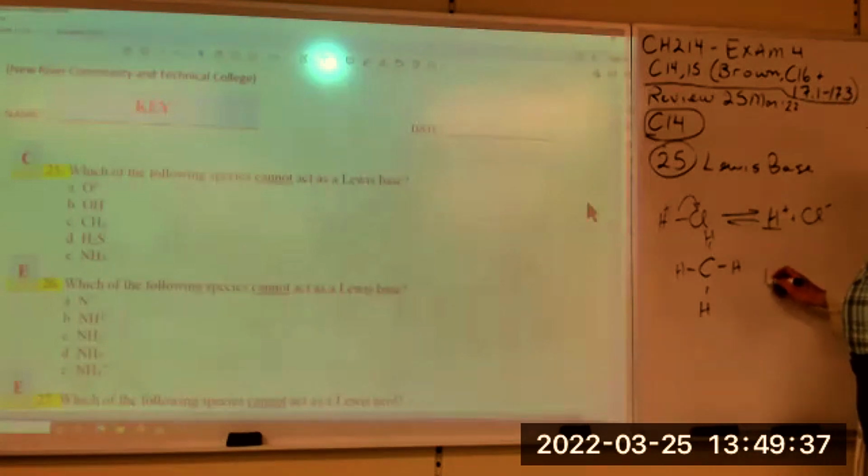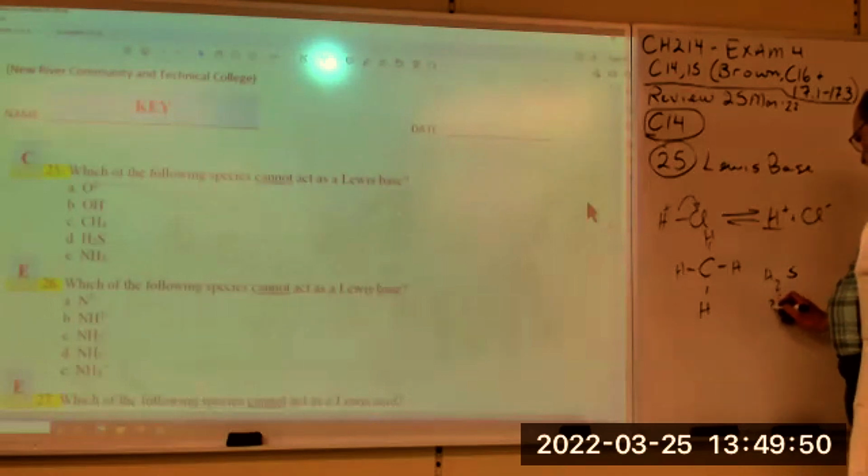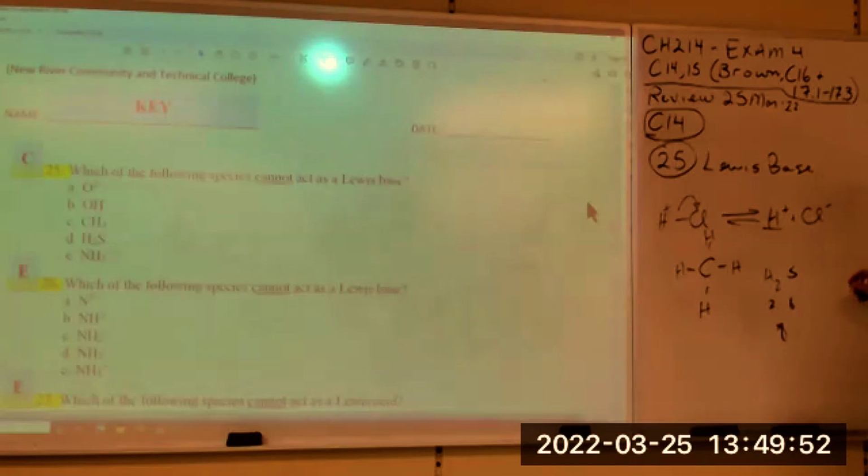If we look at H2S, we'd have to draw the Lewis structure for that. Why don't we do that? Sulfur is 6, and this is 2, that's 8. So we'll have sulfur, hydrogen, 2, 4. We need 4 more. 1, 2, 3, 4. So it's got some extra electrons to donate.